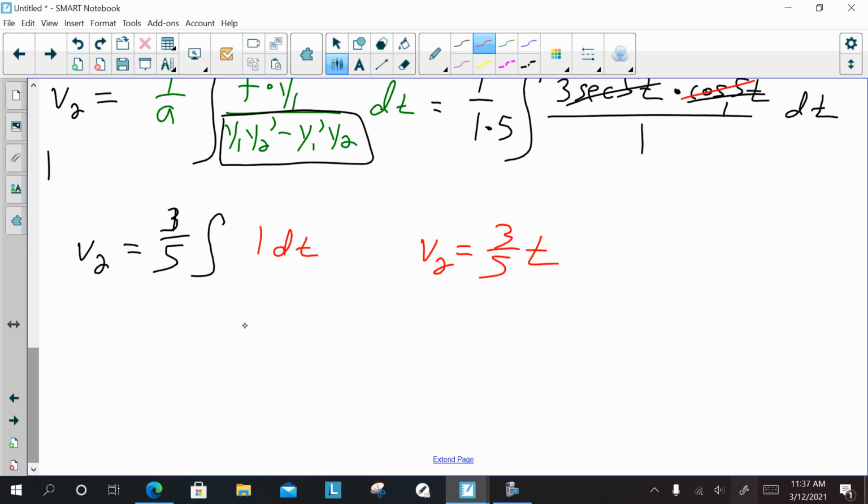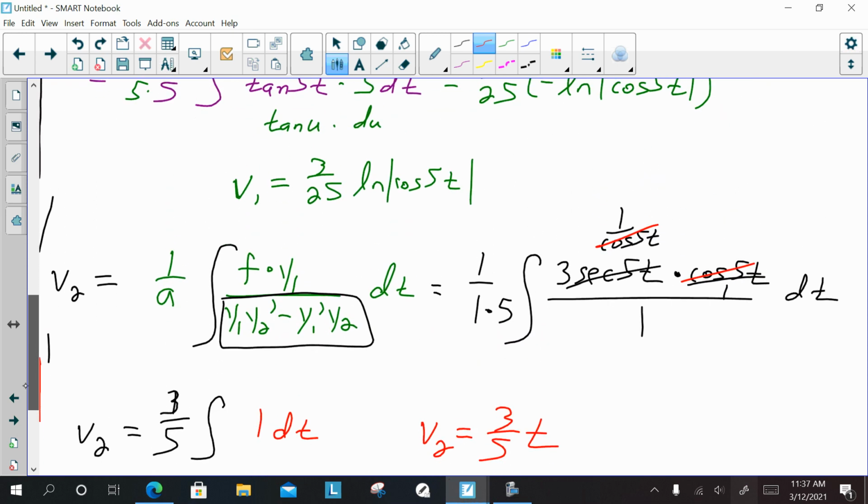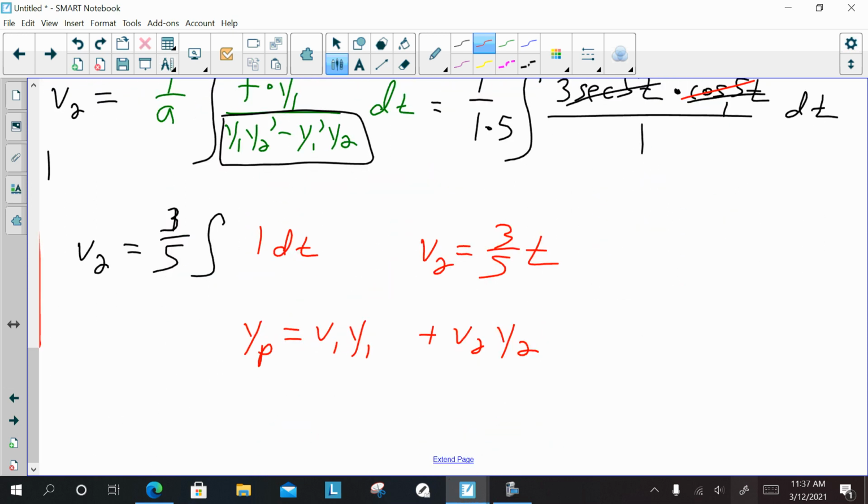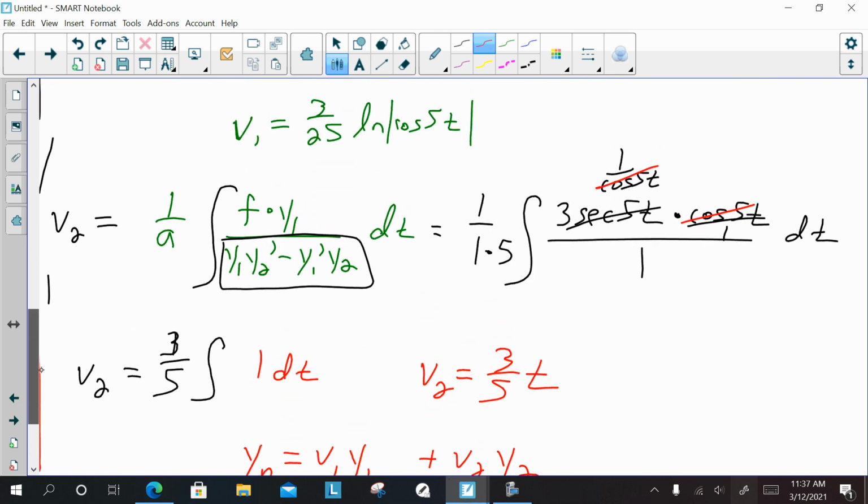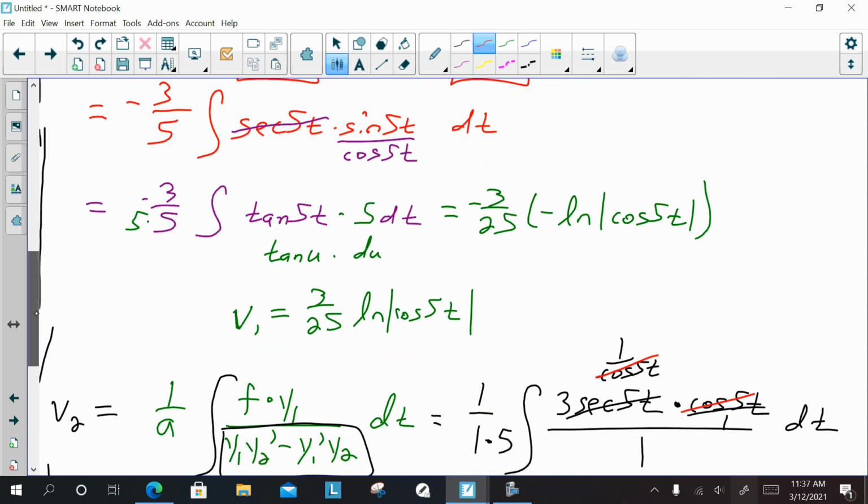So what are we looking for? We're looking for our particular solution. So our particular solution, remember, is V1 Y1 plus V2 Y2. So V1 is 3 over 25 natural log absolute value cosine 5t times what was y1.